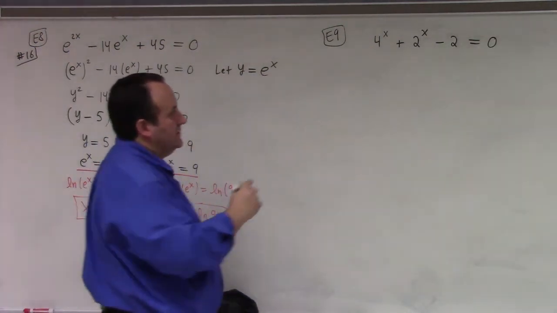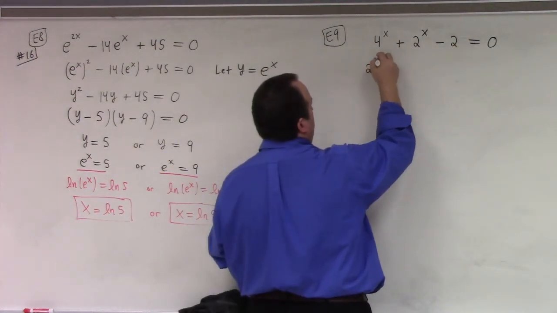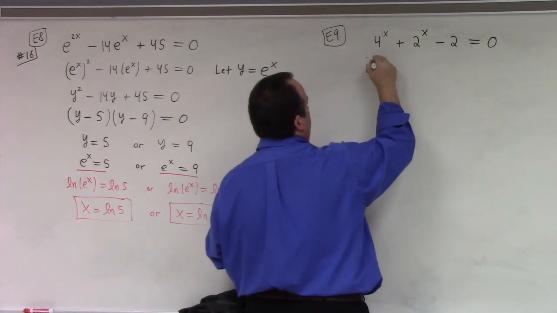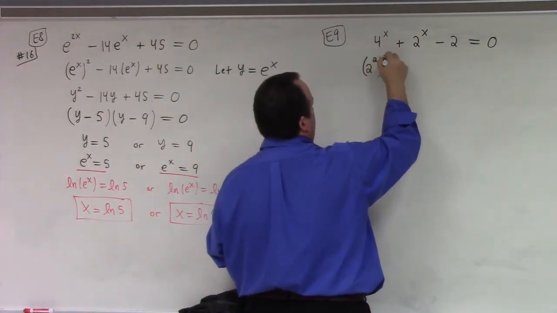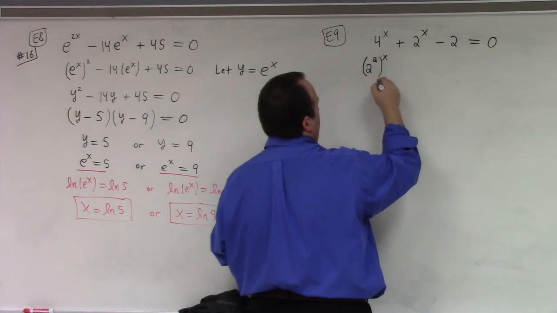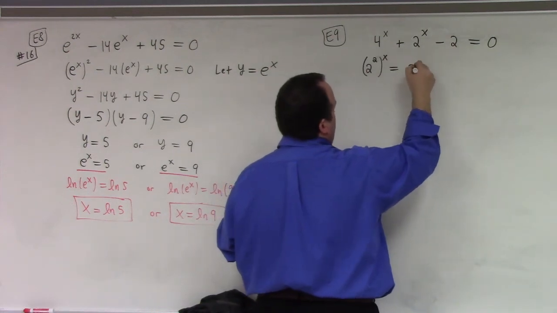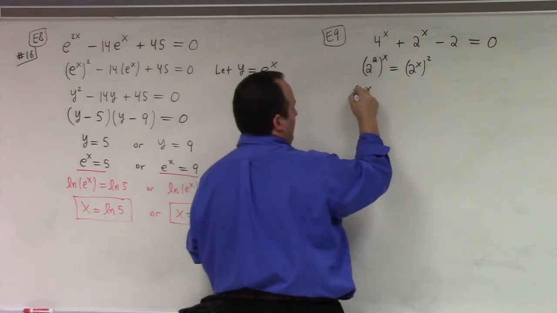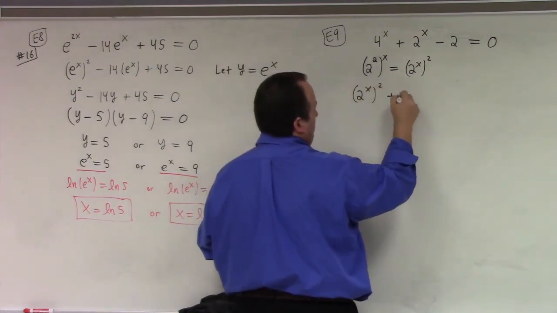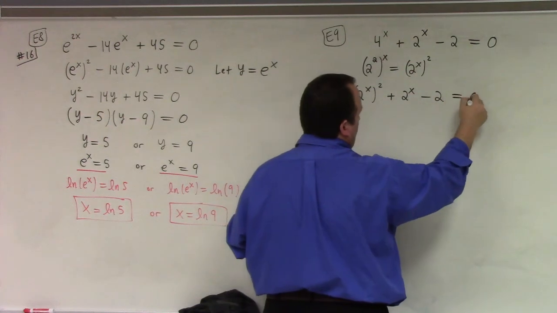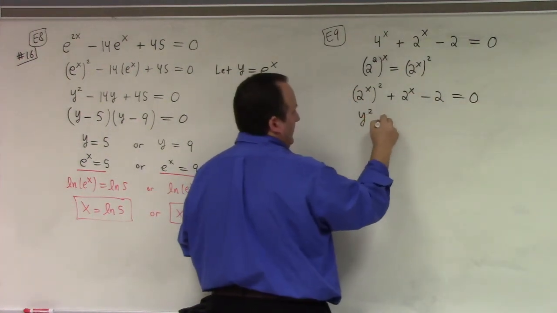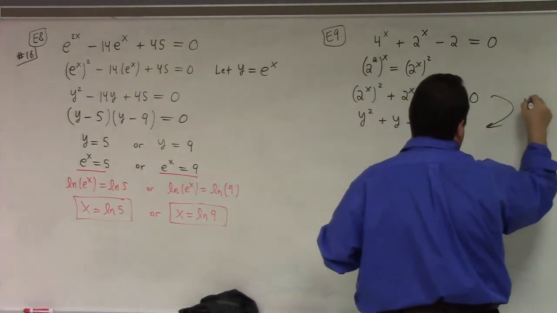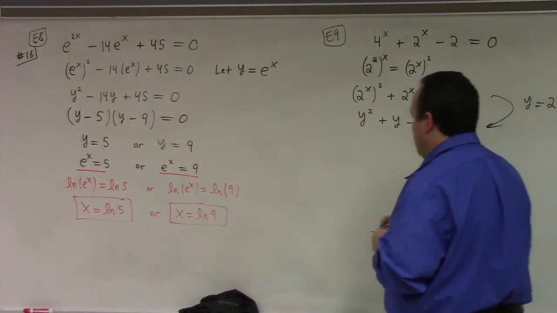See what that is: 4 to the x, well, it's 2 squared to the x, which we could rewrite as 2 to the x squared, yeah? That first term is 2 to the x squared. So what I've got is 2 to the x squared plus 2 to the x minus 2 equal to 0, which would give me y squared plus y minus 2 equals 0, if I make a y equals 2 to the x substitution.